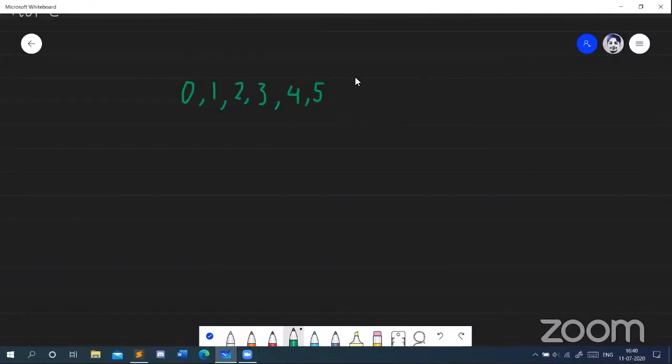I need to form a 5-digit number using any 5 out of these 6 digits, such that the number is divisible by 3. All right. So I'd like you to give it a while to make sure you understand the problem. How many such numbers can be formed from these digits such that my resulting number is divisible by 3?